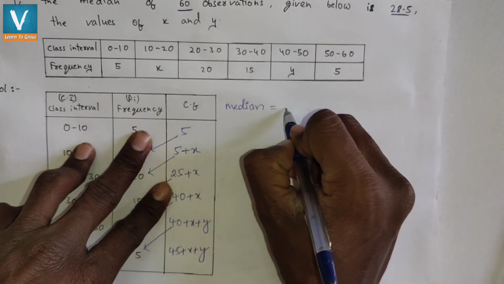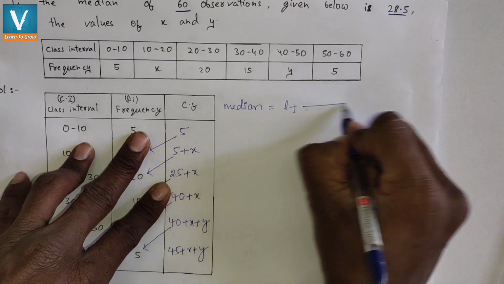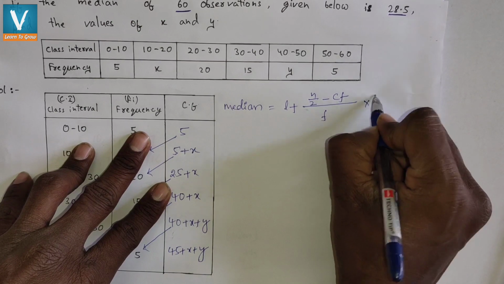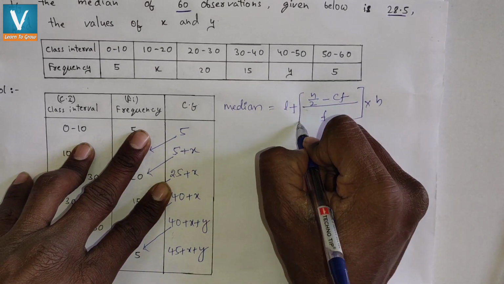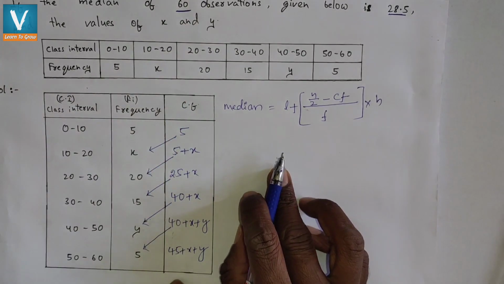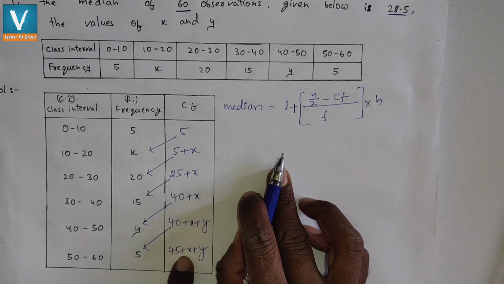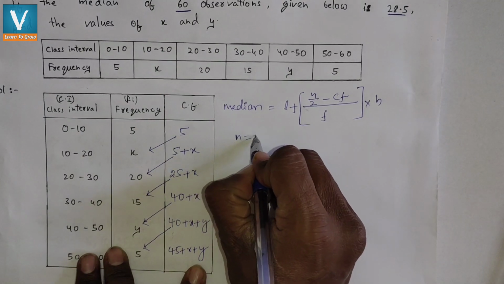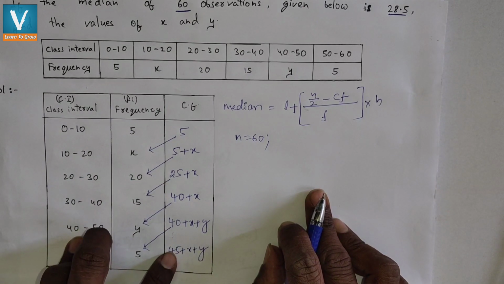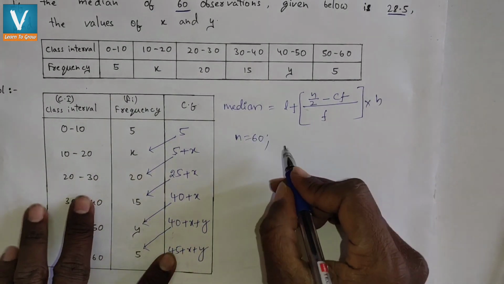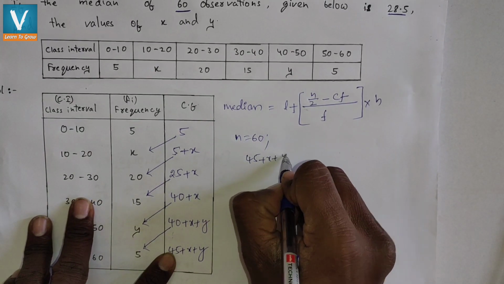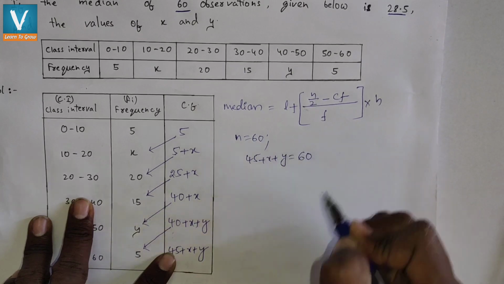Median is equal to L plus (n by 2 minus CF) by F, into H. In the question the number of observations is given as 60, but when we added the CF we got 45 plus x plus y. So I am equating it to the number of observations: 45 plus x plus y is equal to the total observations, 60.